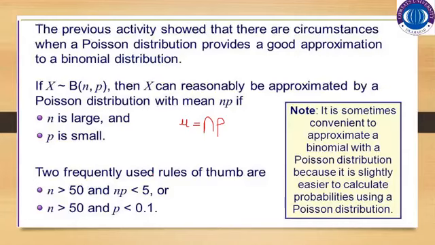Two frequently used rules of thumb when you approximate the binomial distribution by the Poisson distribution are that n is greater than 50 and np is less than 5, or n is greater than 50 and p is less than 0.1. So it is convenient to use the Poisson distribution instead of the binomial distribution whenever n is very large and p is very small.